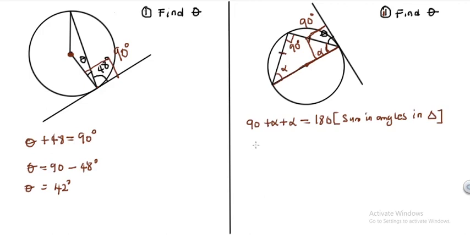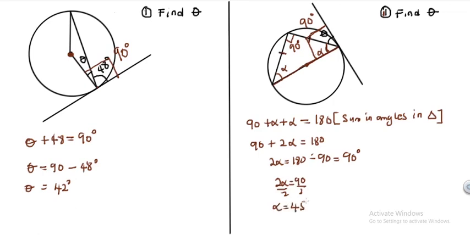So I get 90 plus 2 alpha, since alpha plus alpha is 2 alpha, equal to 180. From here, 2 alpha is equal to 180 minus 90, which is simply 90 degrees. So 2 alpha is equal to 90 degrees. I can divide both sides by 2 so that alpha becomes equal to 45 degrees.